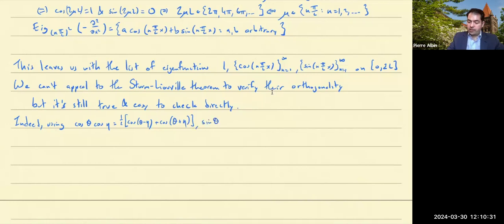The product of sines is 1/2 cosine of the difference minus cosine of the sum. And sine times cosine is 1/2 of sine of the difference plus sine of the sum.